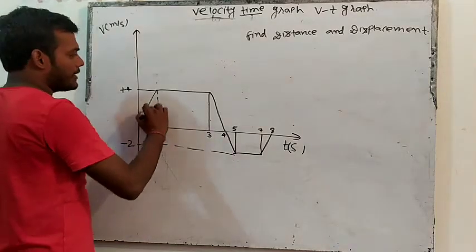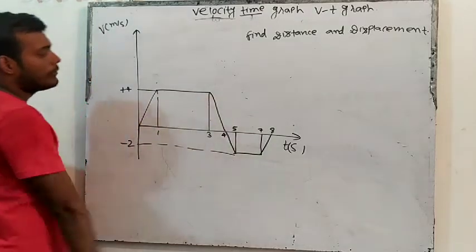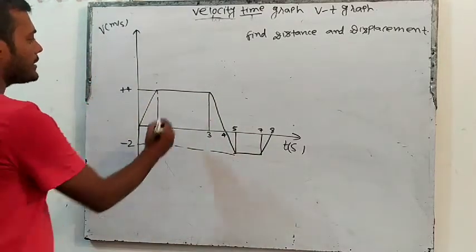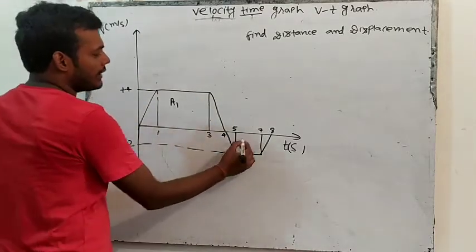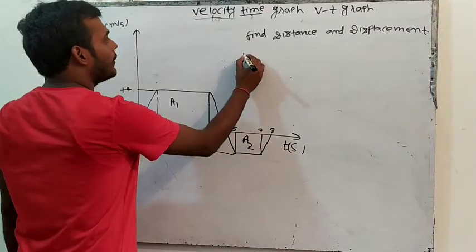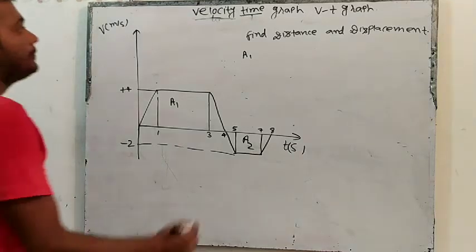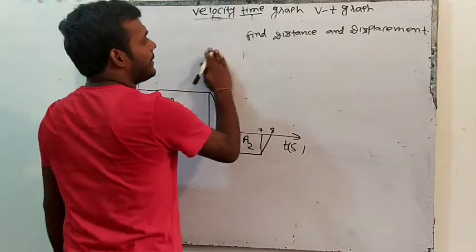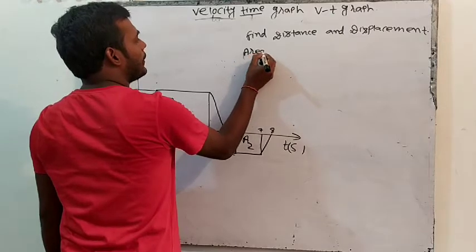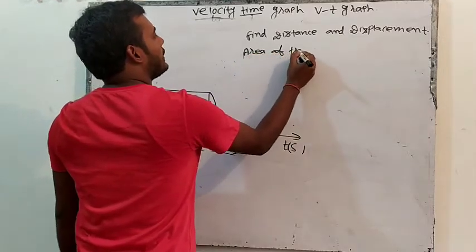Let's say this trapezium. Are you able to see this trapezium? This trapezium area. That means if I find A1, and let's say this is A2, what will be A1? How will we find it? See, area of trapezium. First write the formula of area of trapezium.